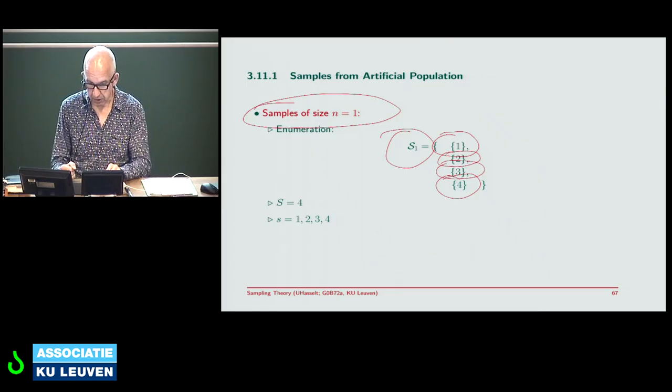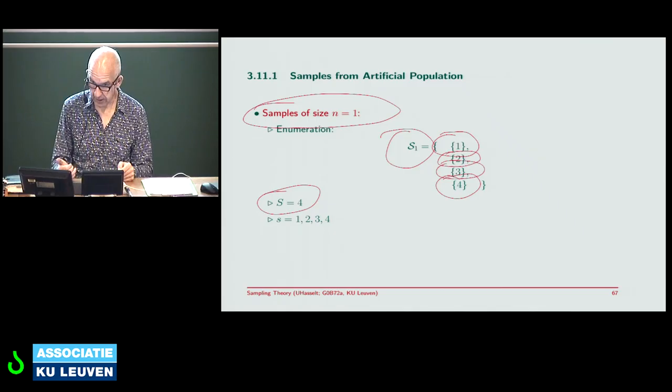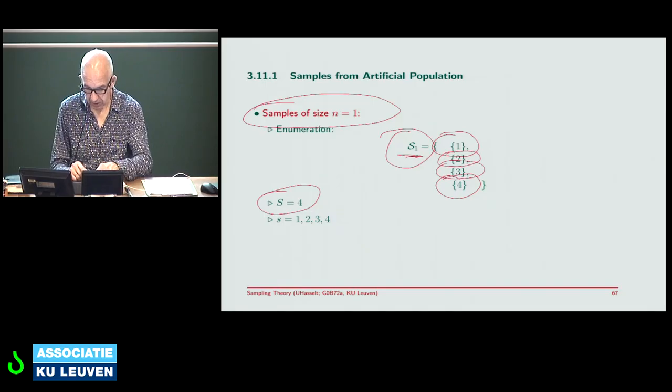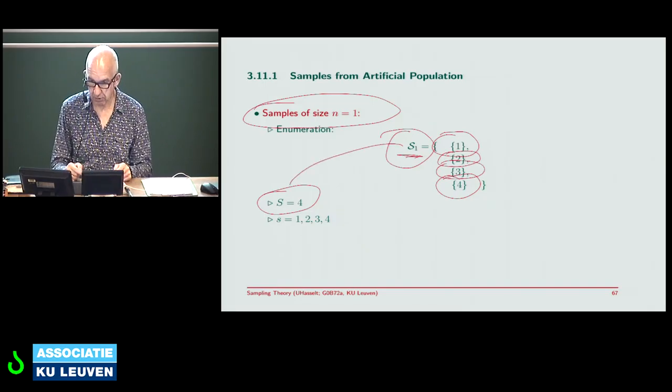So, because there are 4 such samples, we denote by S the number of samples of size 1, and calligraphic S, so these two S's are not the same. S is equal to 4 is the number of samples with a given property, namely being of size 1.